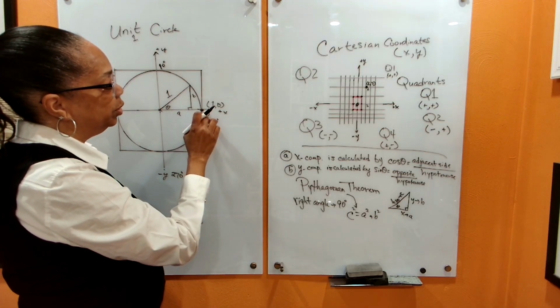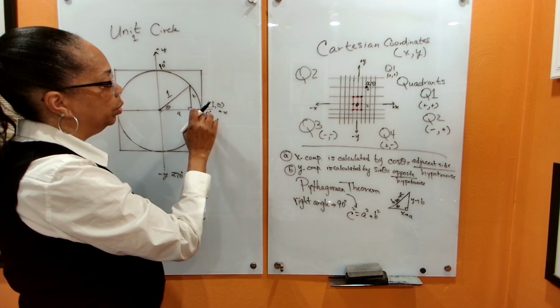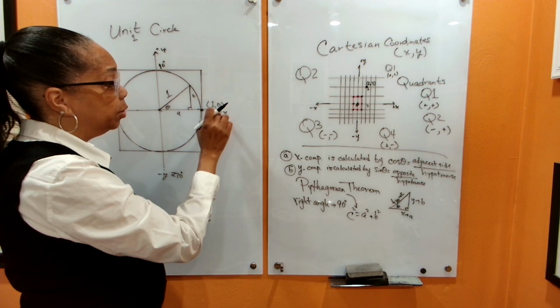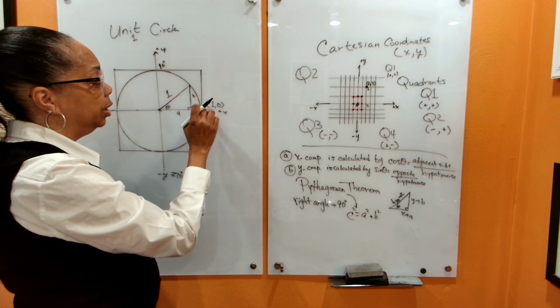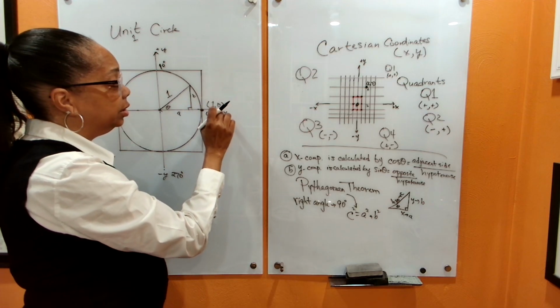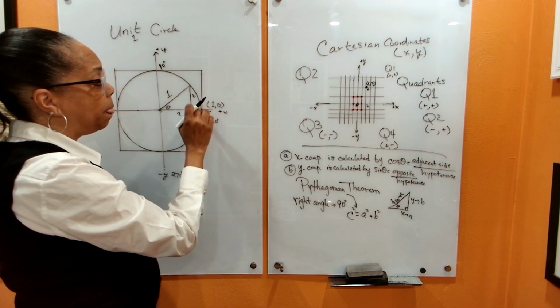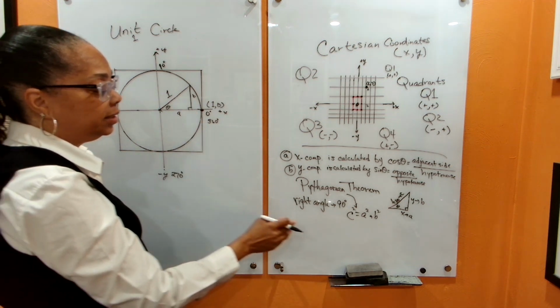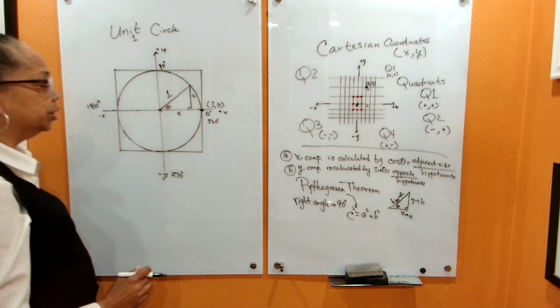So right here we said 1, 0. 1 was the x component, 0 was the y component. As we start going this way, the 1 gets smaller and the 0 gets larger, but they still must satisfy this equation.